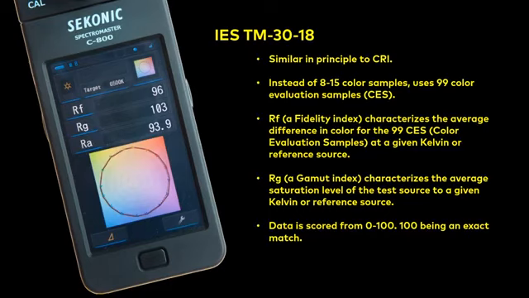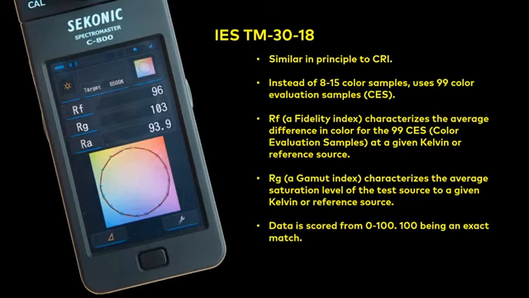So this is a representation of one of our lights. It's a nice round circle. You can see it pretty closely follows the outside perimeter. They also have a Gamut Index that characterizes the average saturation level of a test source to a given Kelvin. So these are interesting numbers to have. Does it give me data that I can act upon?